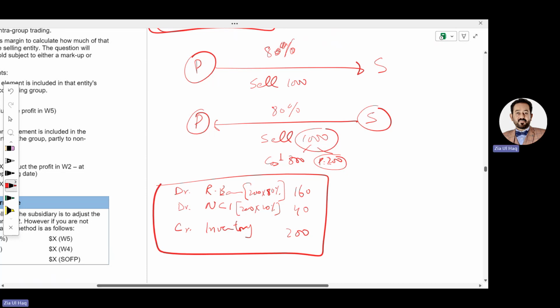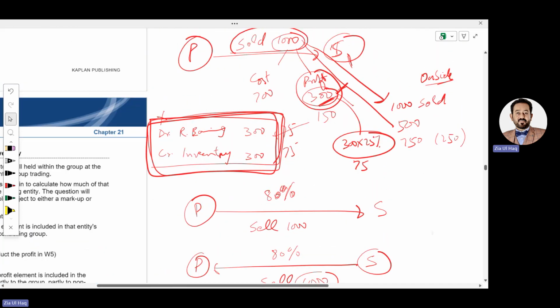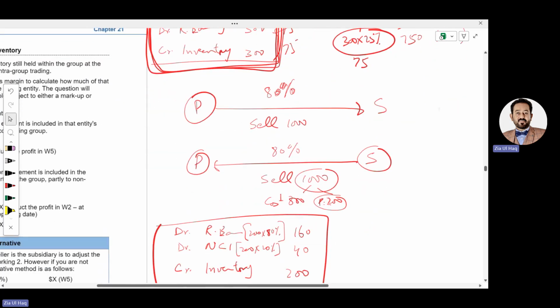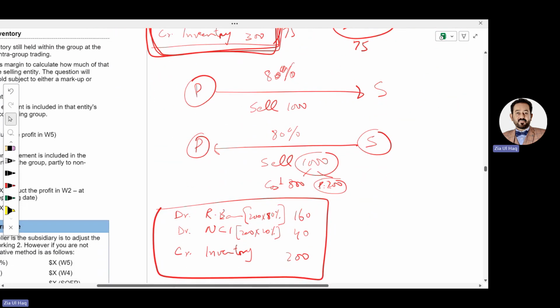In case parent sold goods to subsidiary, we will pass this entry: debit retained earning, credit inventory. But in case subsidiary sold goods to parent company, then profit is recorded in the subsidiary's financial statement. So we will eliminate only that part of profit that is relating to group.